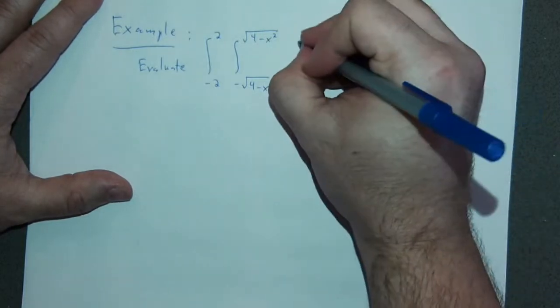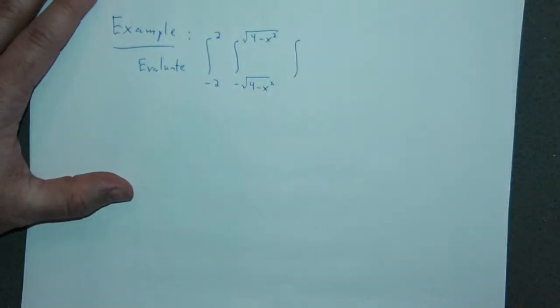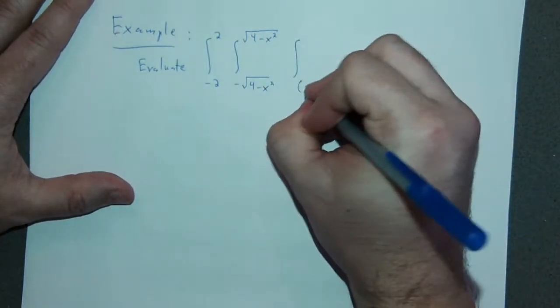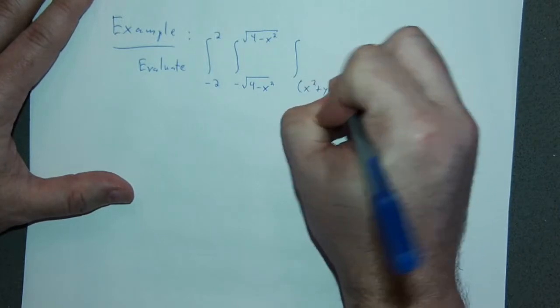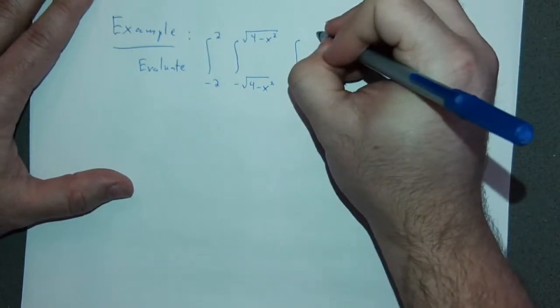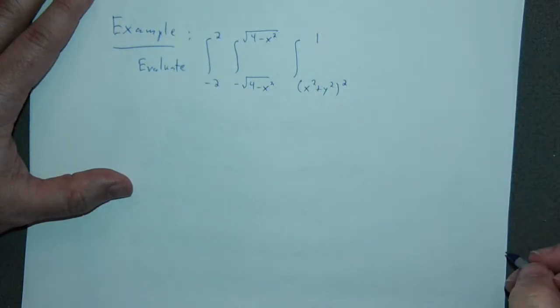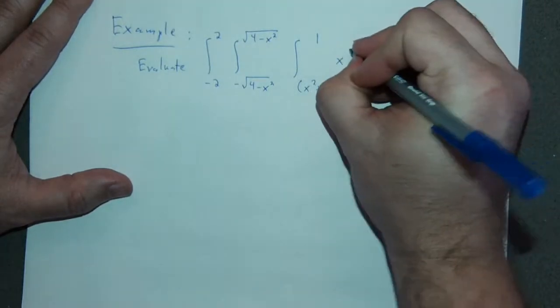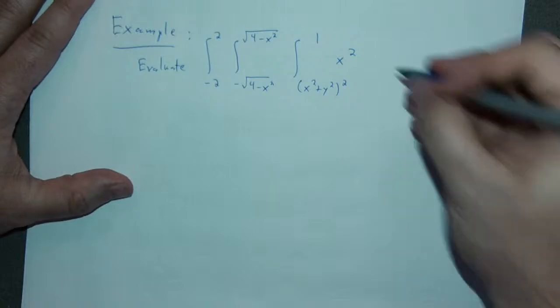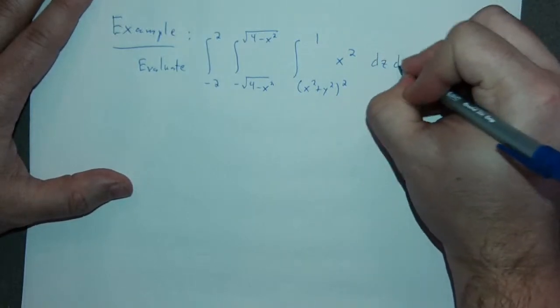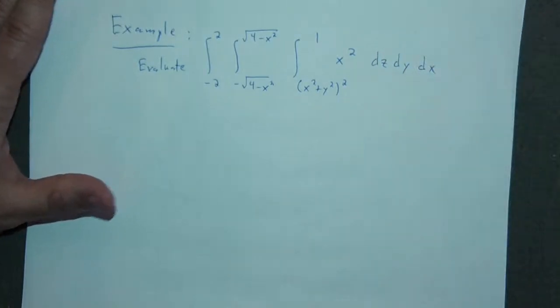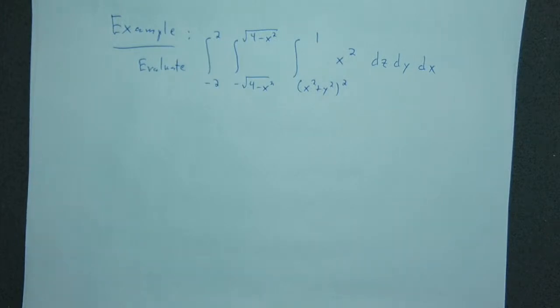And the inner integral is the integral from x squared plus y squared, squared, to 1. And the integrand is x squared, dz, dy, dx. Now, this is all that's said.